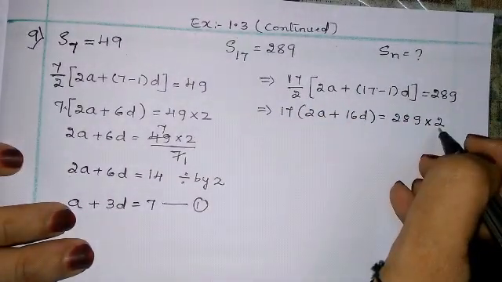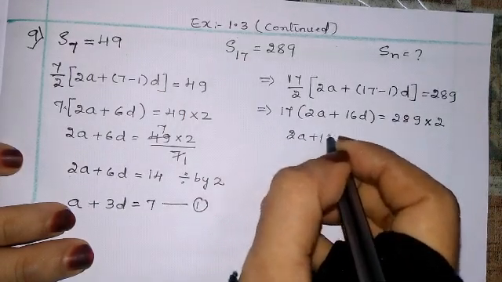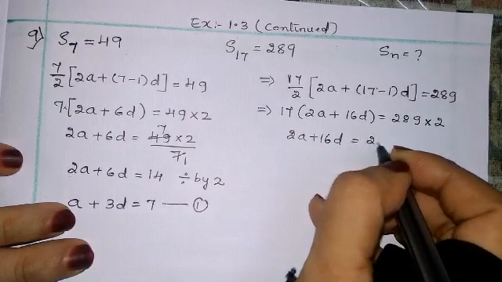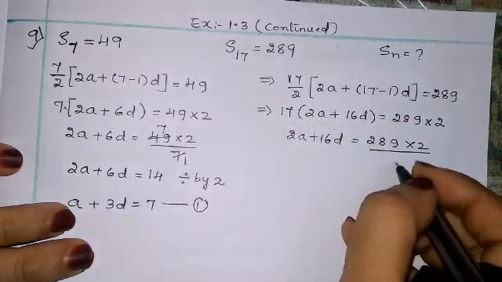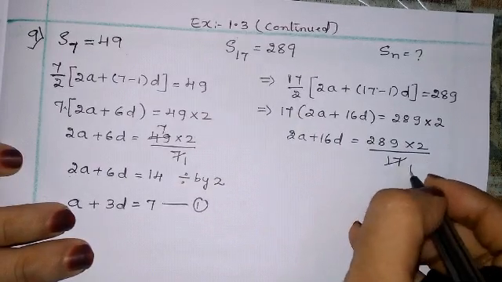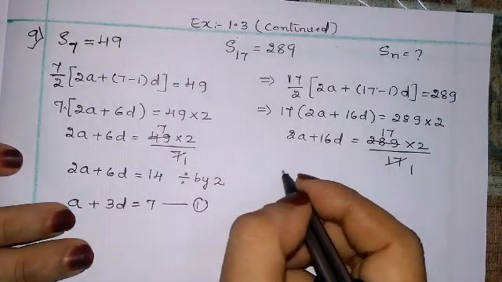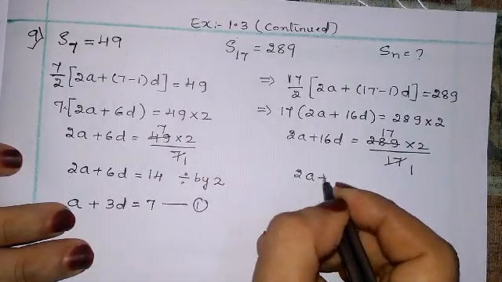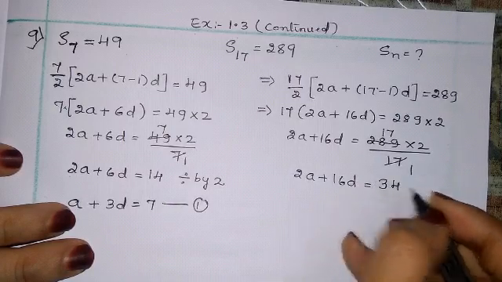This 17 will go to the other side and get divided. 2a plus 16d is equal to 289 into 2 by 17. We know 17 ones are 17, 17 17s are 289. What we get? 2a plus 16d is equal to 17 twos are 34.